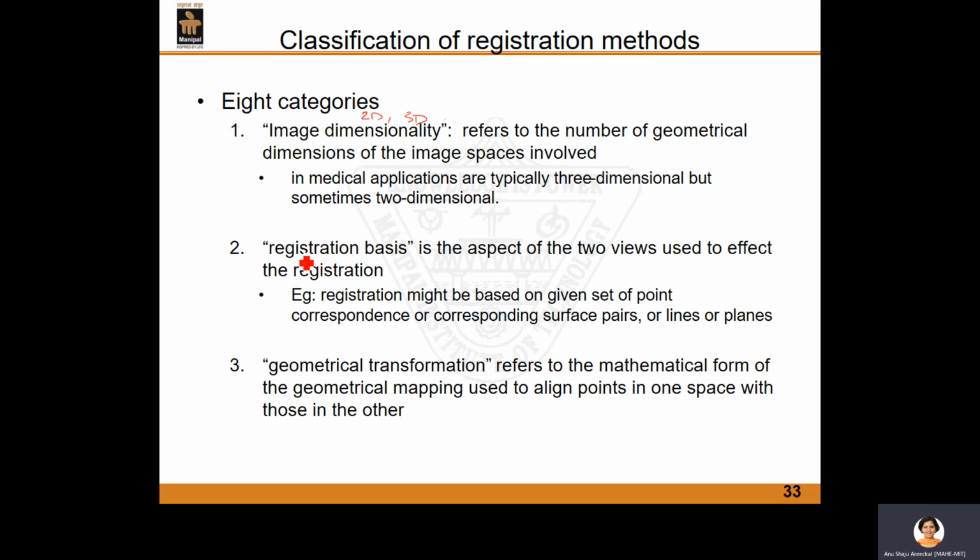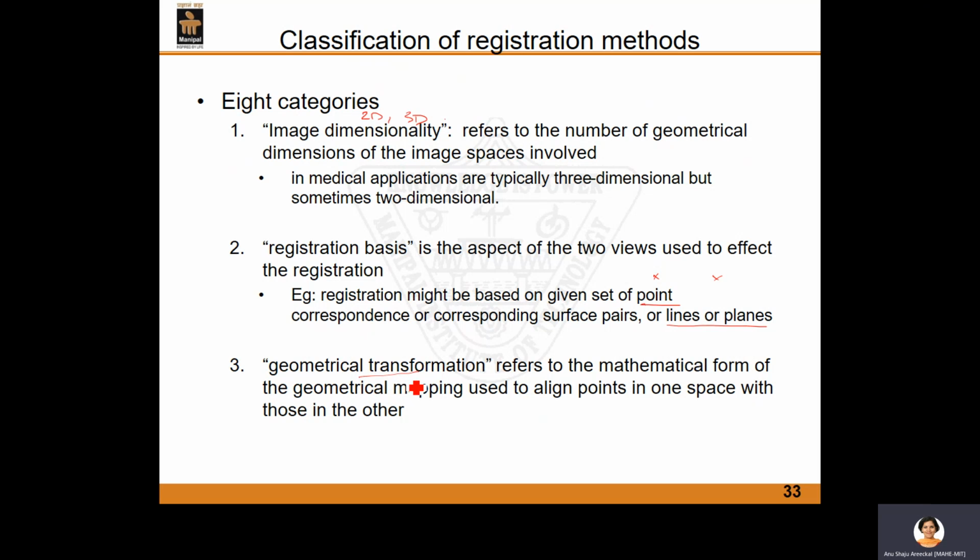Another category is based on the registration basis. That means we can see whether it is a point-to-point registration, or whether you are using frame bearing groups, etc. Depending upon what we are trying to match between the two images, we can categorize the registration methods. Then another category is based on the geometrical transformation.